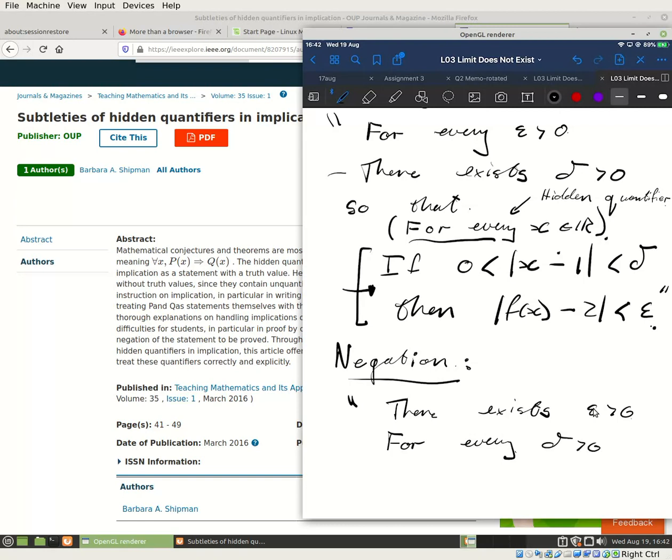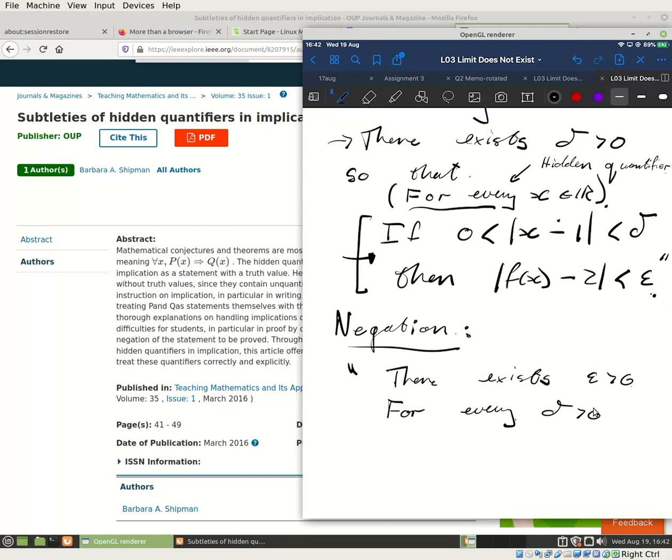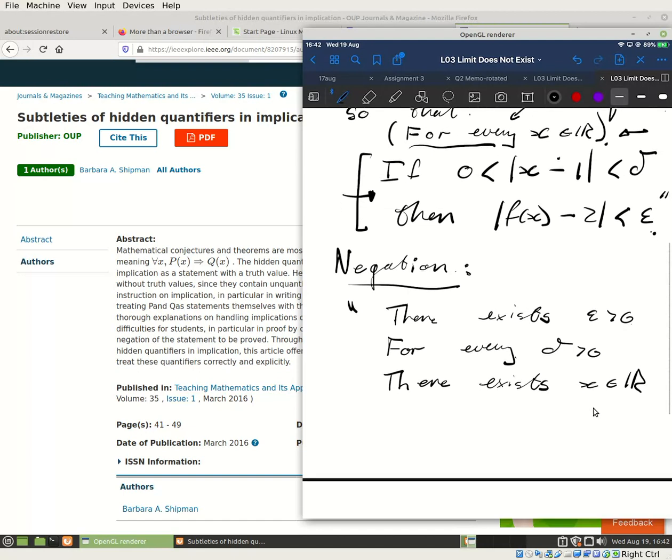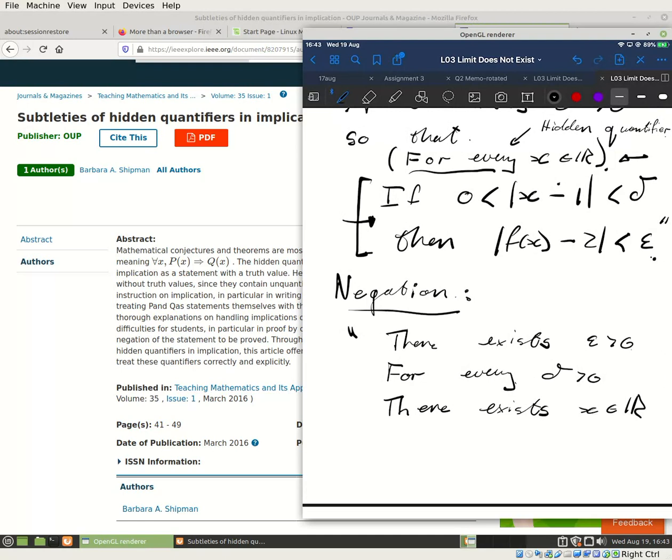Here we've got there exists a delta, so we just flip it to the other quantifier, for every delta. So that for this hidden quantifier, for every x, becomes there exists an x in the real numbers, and now we need to negate this implication.